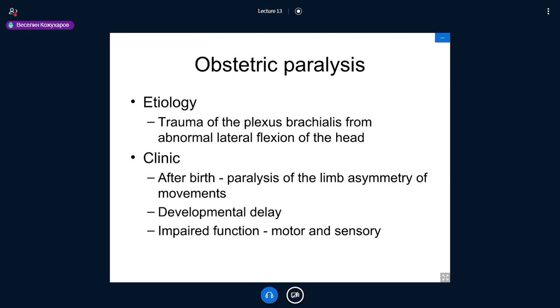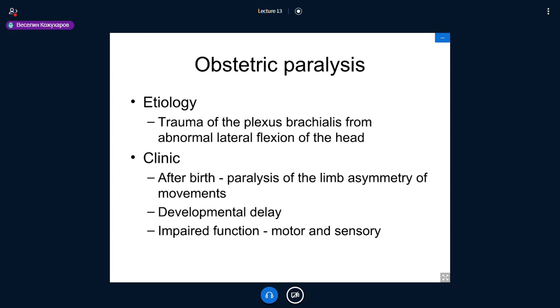There is no active abduction of the shoulder. The shoulder joint is in abduction contracture and internal rotation, because the muscles of the scapula are completely flaccid.